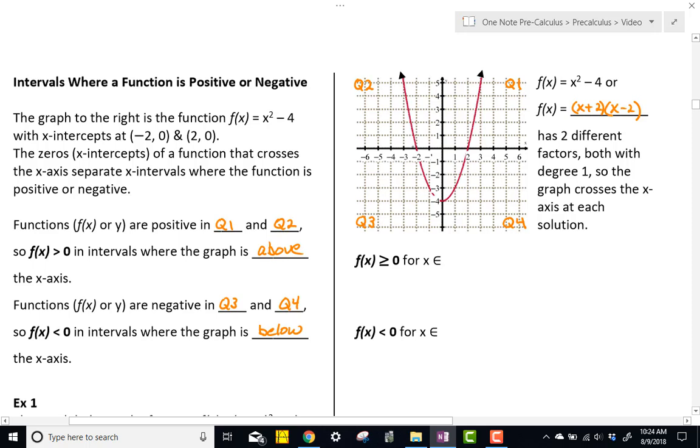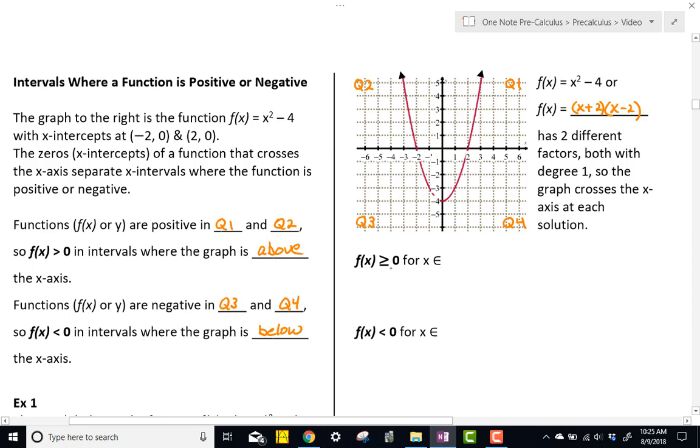Why do we say -infinity? Because this graph keeps going up as it moves to the left. So to the left of -2, this graph is always above the x-axis, and to the right of +2, it's always above the x-axis.